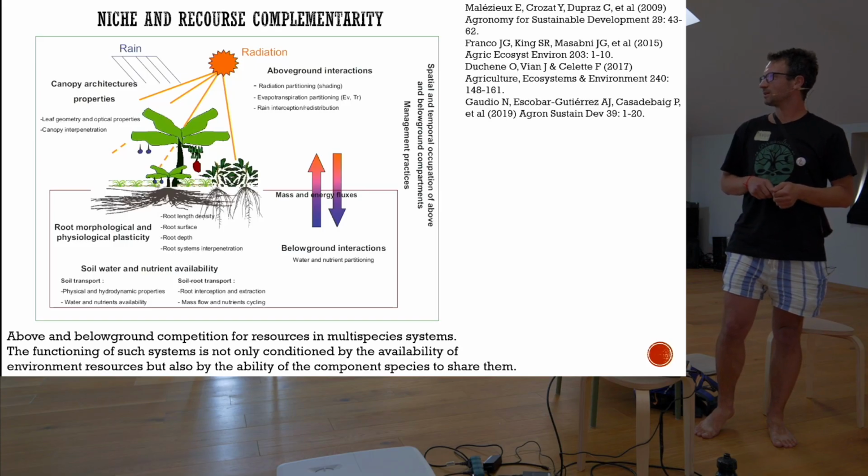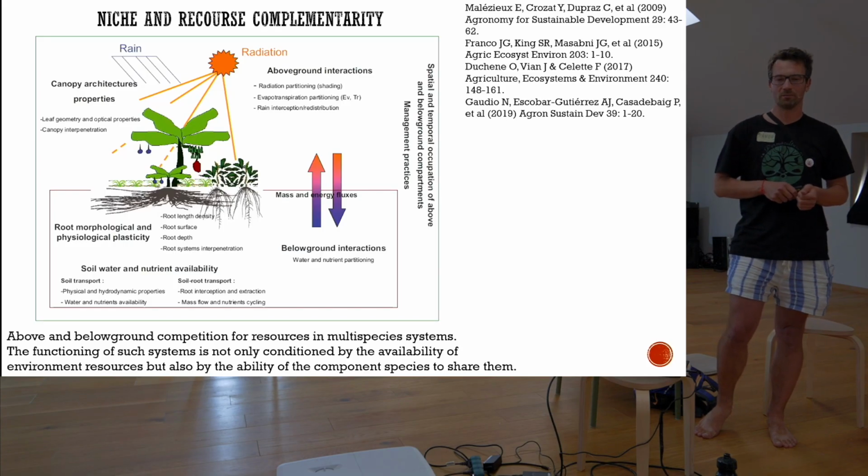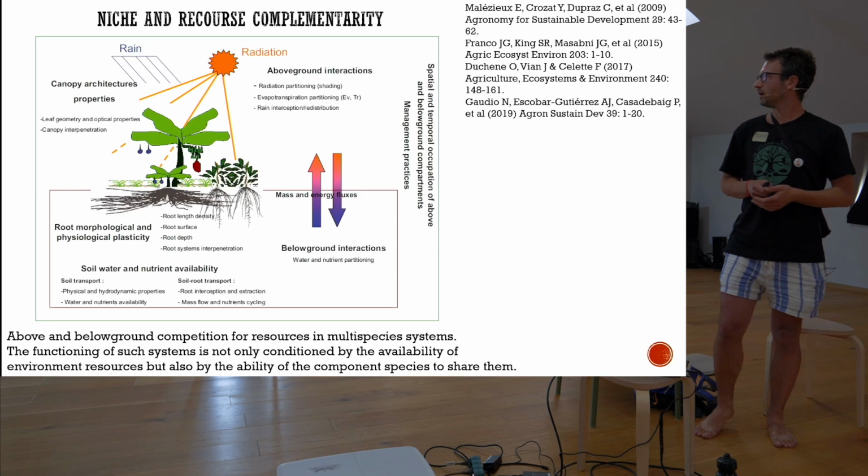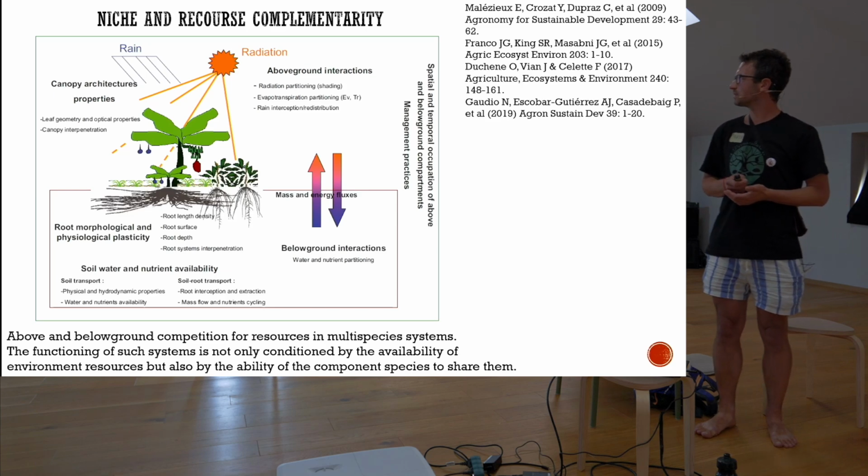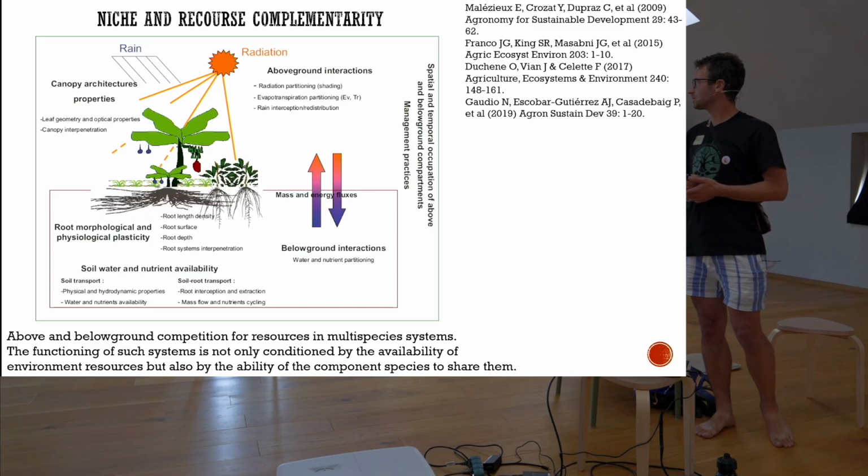In research in the academic sector, there are two main mechanisms which explain higher productivity of polycultures. First is niche and resource complementarity, which we know very well from permaculture.